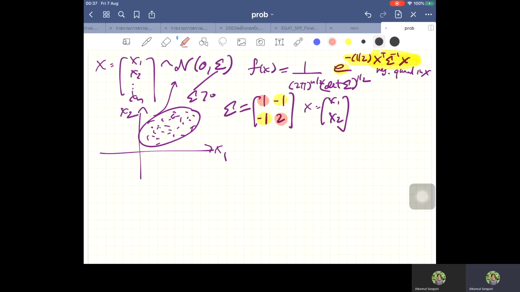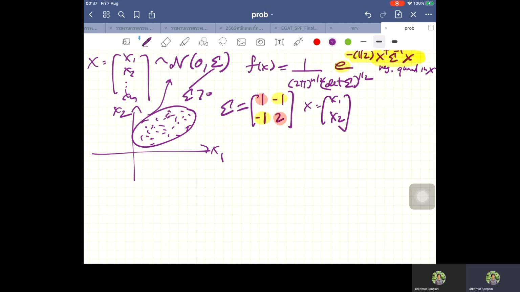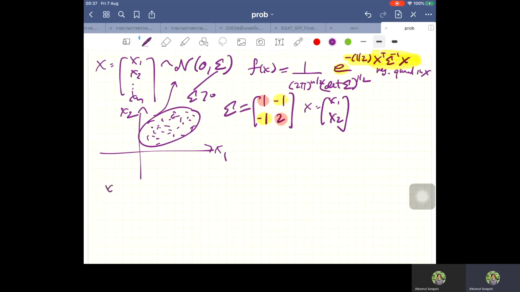Now, one simple way to support this idea that if you make a scatter plot of a Gaussian vector, its shape would lie in an ellipsoid shape in R^n. Take a look at this equation.